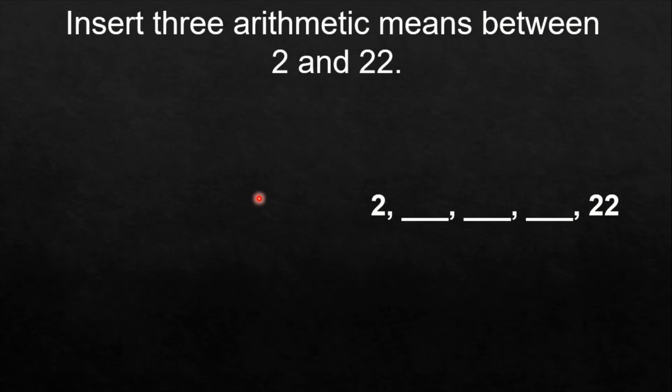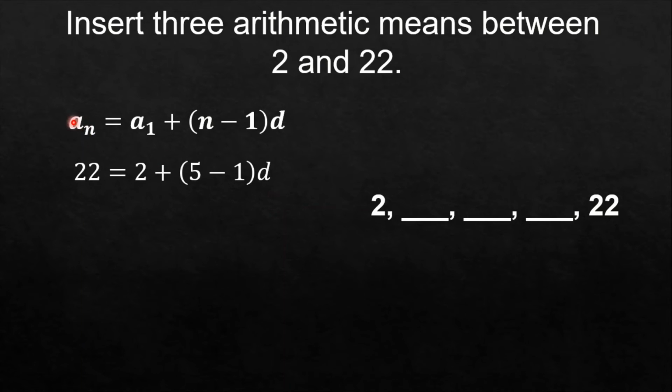So, what we are going to do is we're going to use the nth term or the general term of the arithmetic sequence para makuha si D. Now, let us plug in the values of a sub n, a sub 1, and n. Kasi D ang hinahanap natin. Ang a sub n would be the last term of the given sequence.